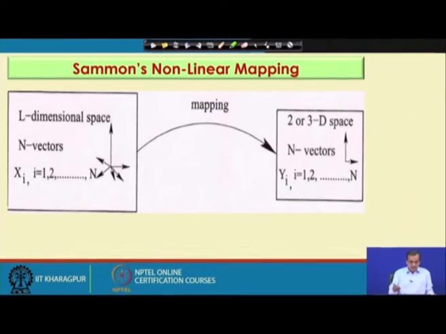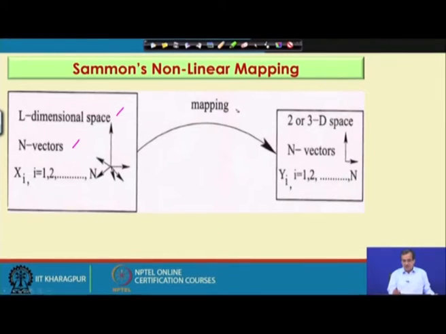So, here we have N data points in L dimensional space, and these data points are represented by x_i, where i is 1 up to capital N, and this is nothing but the representation of L dimensional space. In this L dimensional space, if I want to represent a particular point, I will have to use capital L number of numerical values.